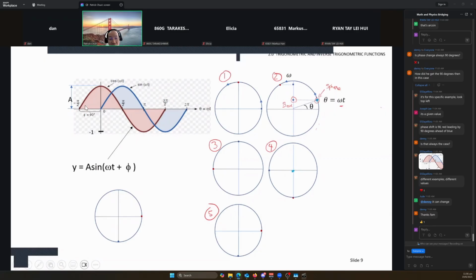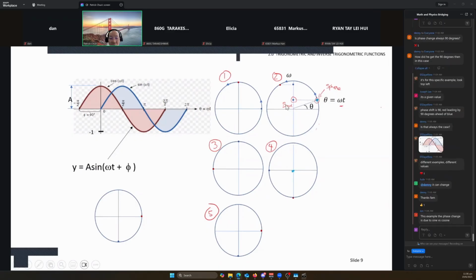And in other words, it will go like that. And the blue waveform will follow, will go like that, you see. So we therefore say that the red dot leads the blue dot by pi/2 or 90 degrees. Or in other words, the red waveform leads the blue waveform by 90 degrees.